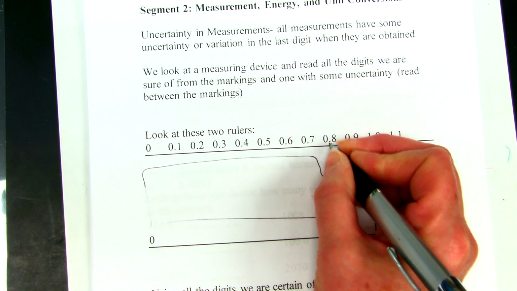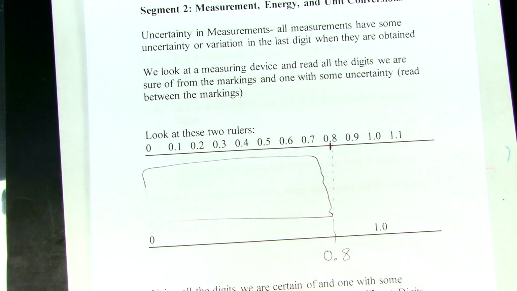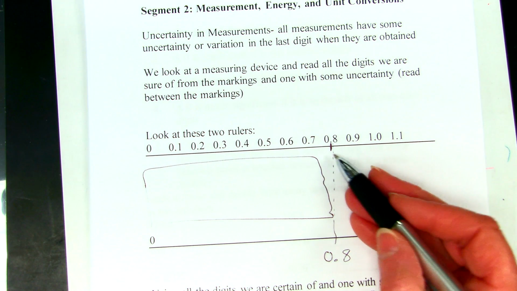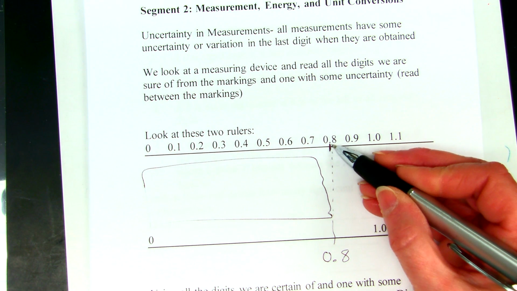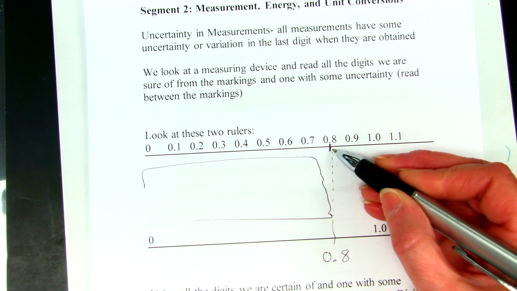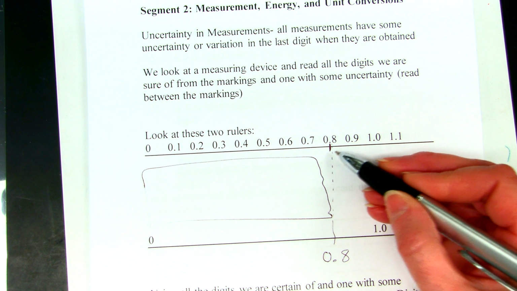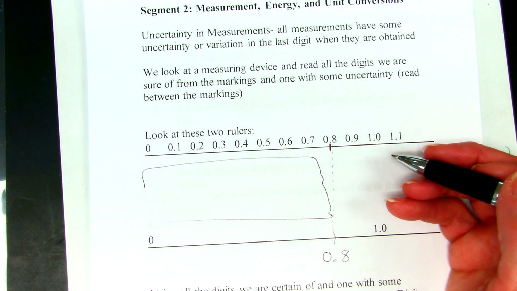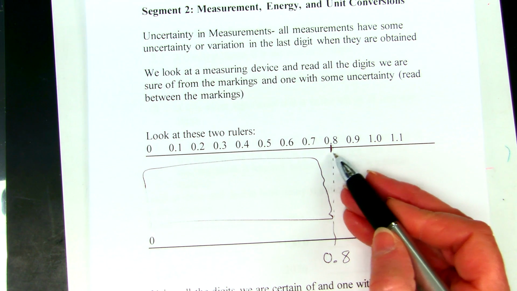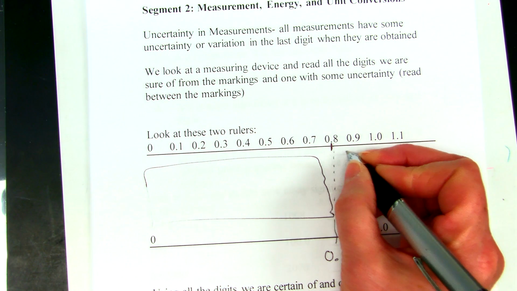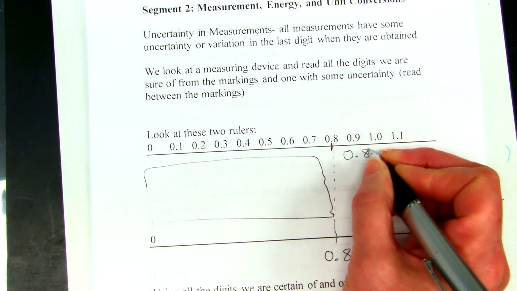Assuming the mark for the 0.8 is right here. This is 0.8, and here's my dotted line. Is it more than 0.8? Is it less than 0.9? So it's a little bit more than 0.8, so I would say it's about 0.81.